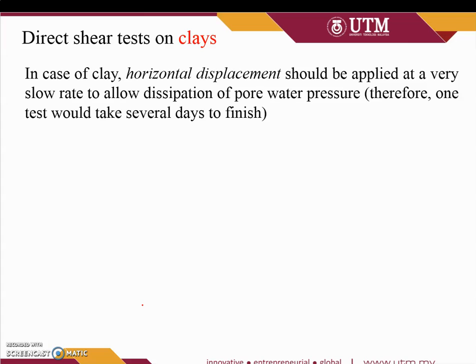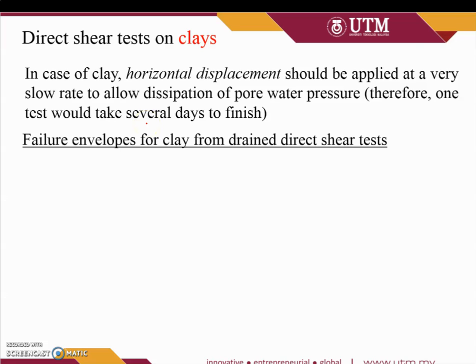If we do it for clays, the horizontal displacement should be applied at a very slow rate because we need to allow the dissipation of the pore water pressure. So sometimes the direct shear test for clay soil will take a few days to finish because of the very slow dissipation of water.